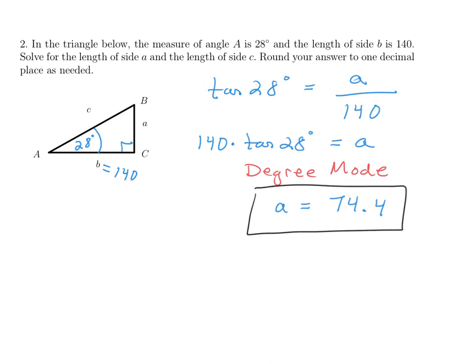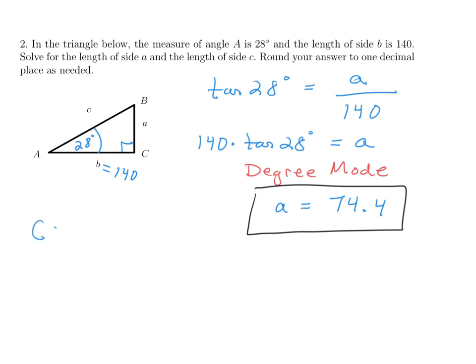All right, moving on to solve for C. That's the other thing that we do not know. I'd like to use this angle, this given side, and connect those to C. So I need a trig function for this angle that is the adjacent over the hypotenuse. What is that? That is cosine.